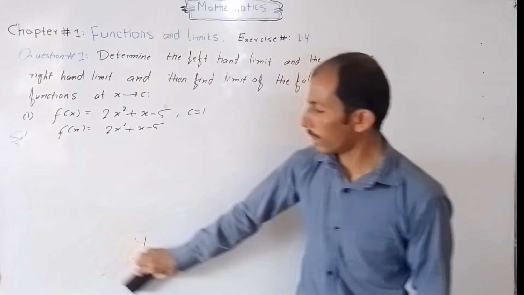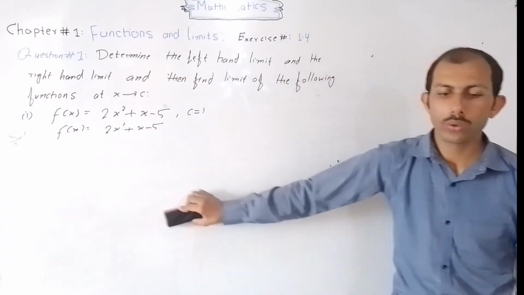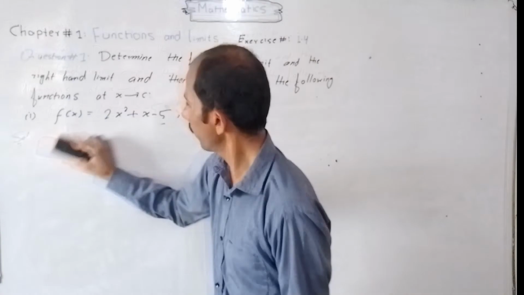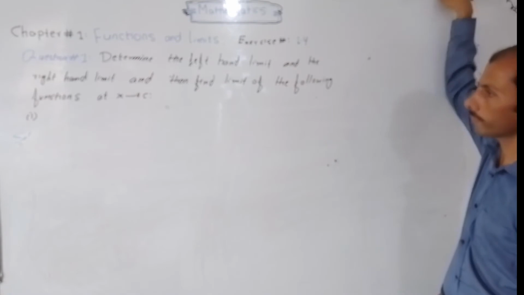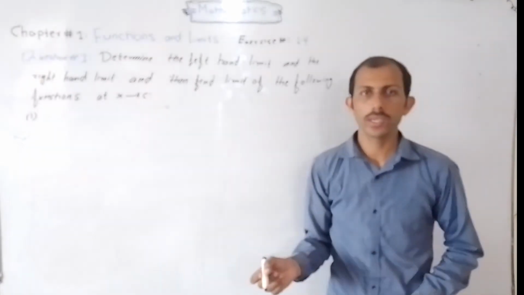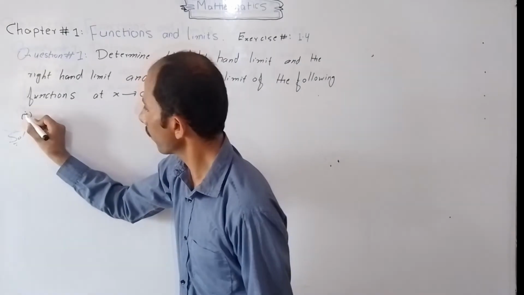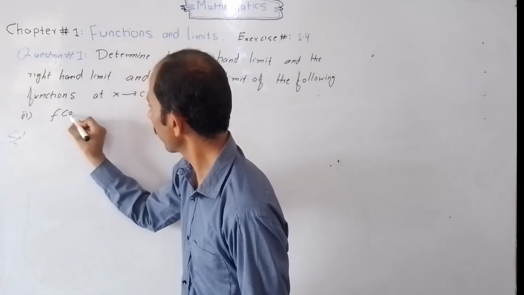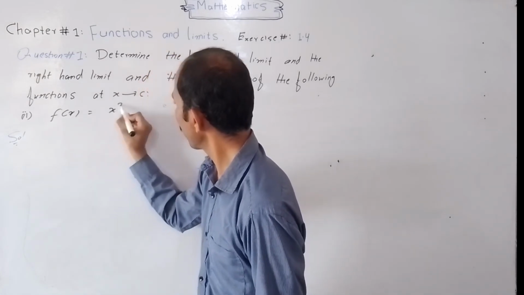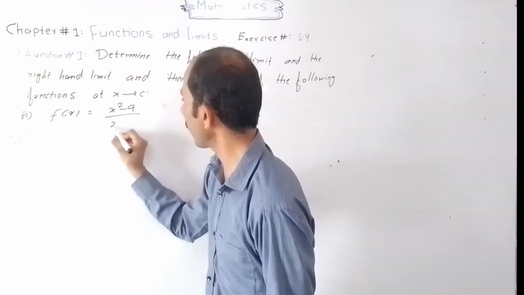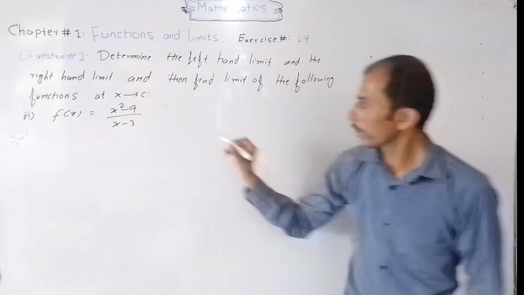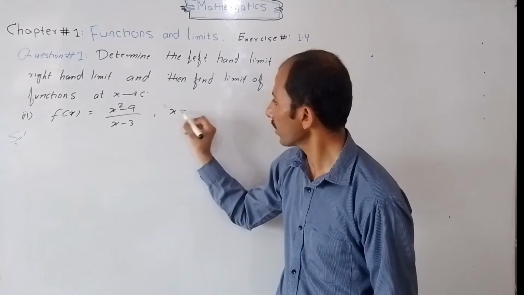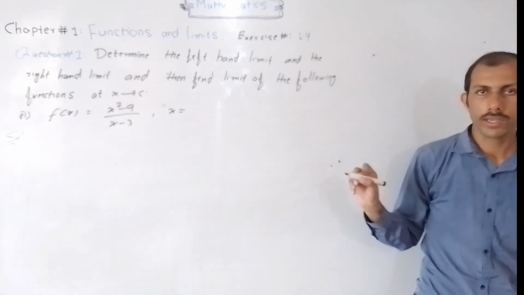Next, question number 1, part number 2. f(x) = (x² − 9)/(x − 3). So the value of x is equal to 3.